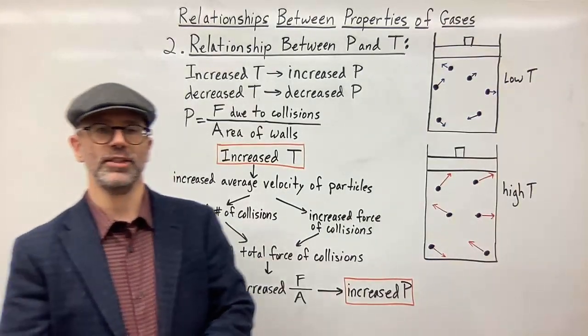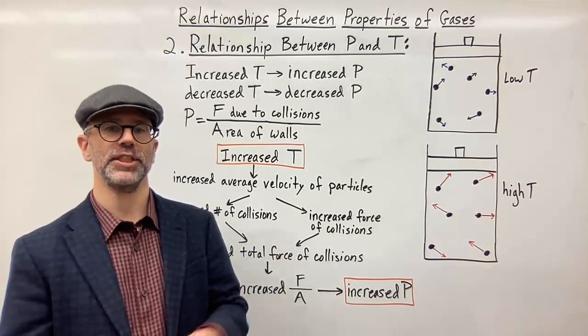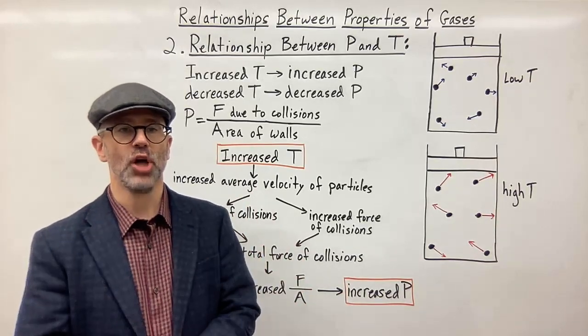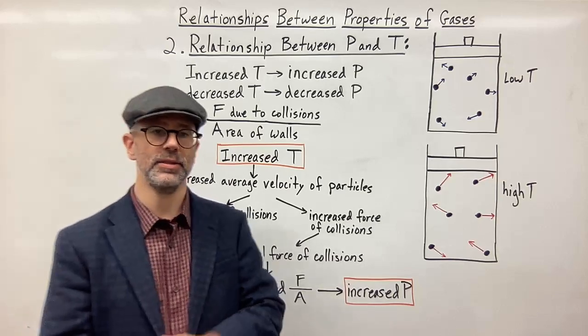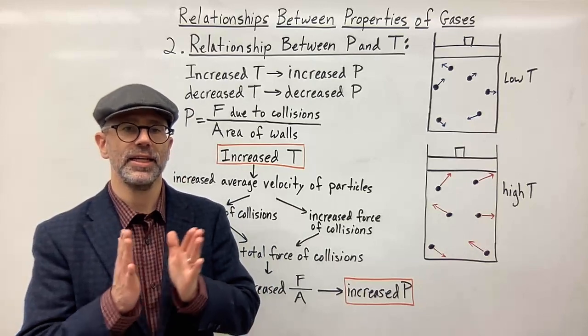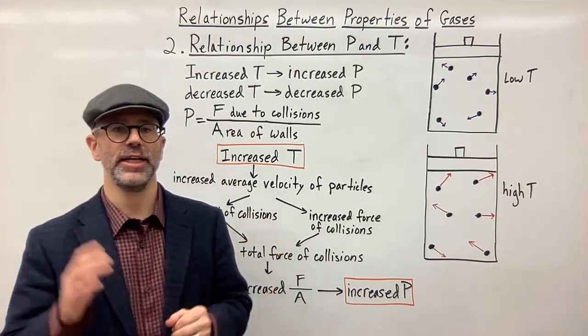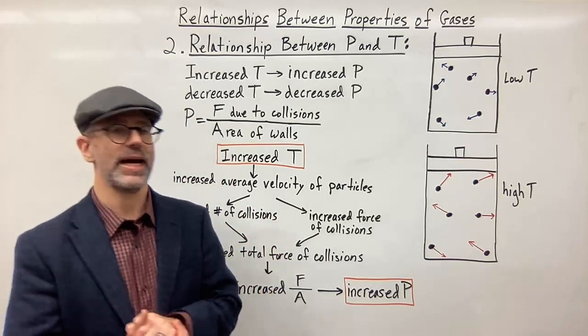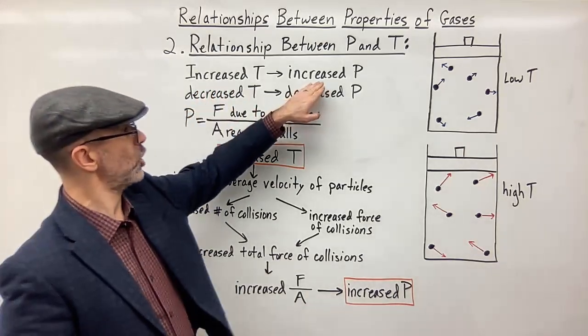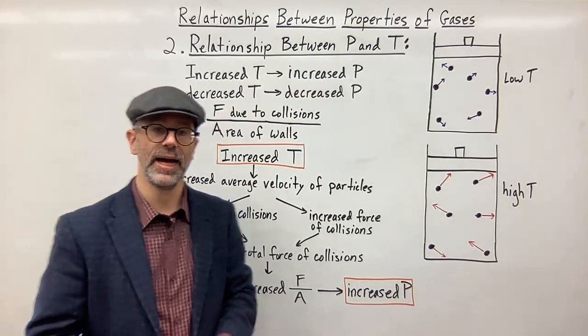Okay, so now let's go over the next relationship, which is the relationship between pressure and temperature. When we look at the relationship between pressure and temperature, we notice that when you increase temperature, that also increases the pressure of the gas.